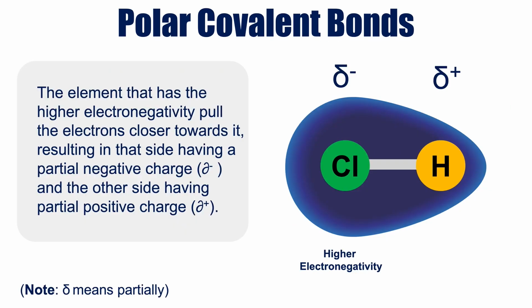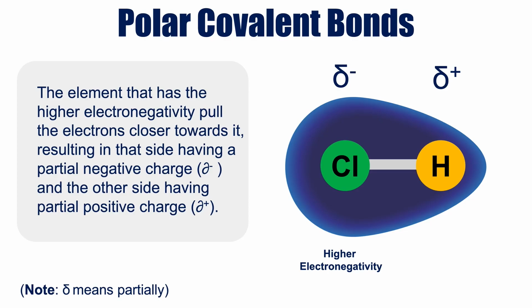To look at this concept in a little more detail, between chlorine and hydrogen, a polar covalent bond is going to form. Chlorine has a slightly higher electronegativity value, so it's able to pull the electrons a little bit closer towards it as they're being shared. So you end up with this asymmetrical distribution of electrons between these two elements in this chemical bond.